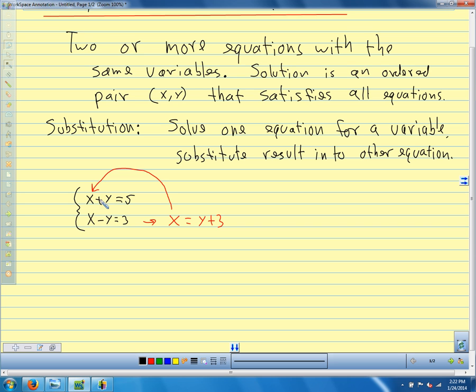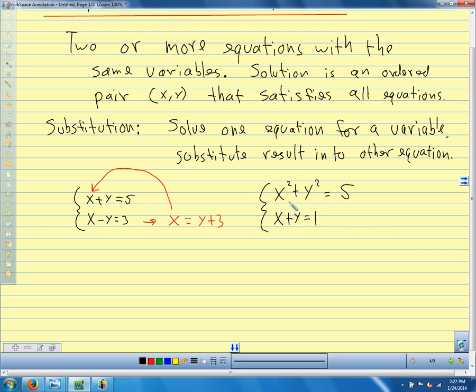So if we had something like x squared plus y squared equals 5, and we had another equation, x plus y equals 1, and that was our system of equations, we can use substitution here also. Anybody know what the equation of x squared plus y squared equals 5 is? That's a circle. So this is going to be a circle and this is going to be a line.